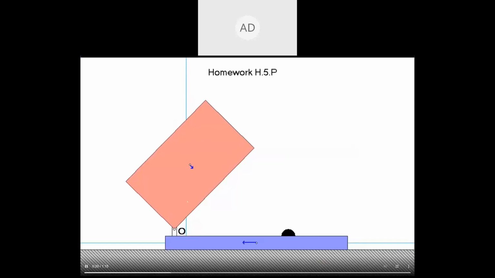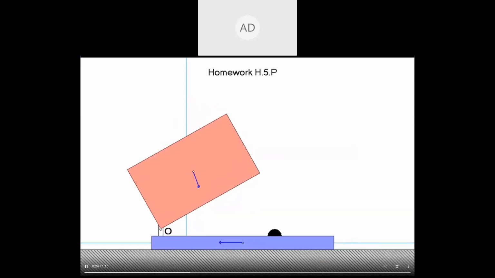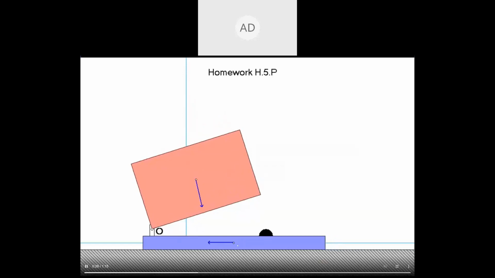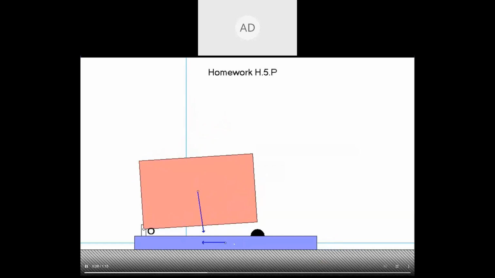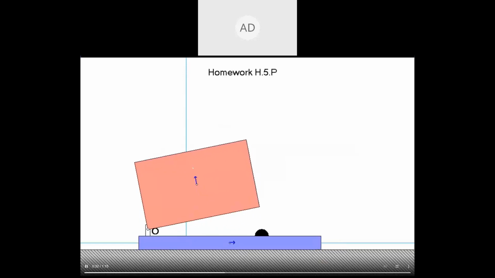So the impulse from this guy, the momentum from this guy is being translated into motion here, and as soon as it hits it and changes the direction of the speed, then the block is moving in another direction.